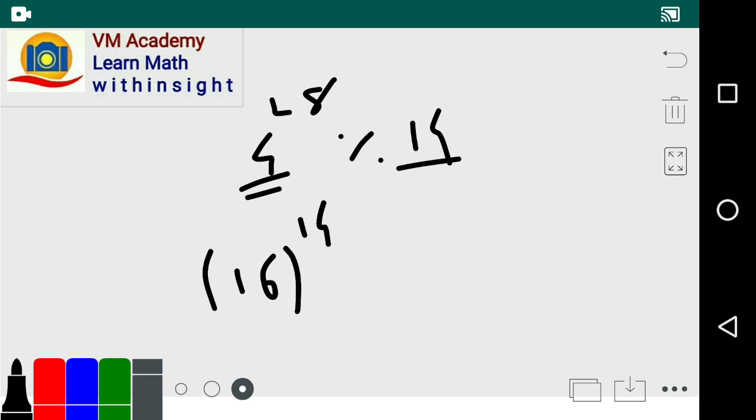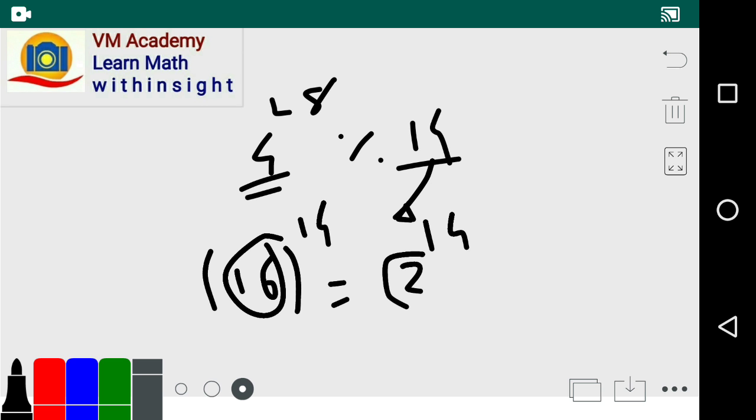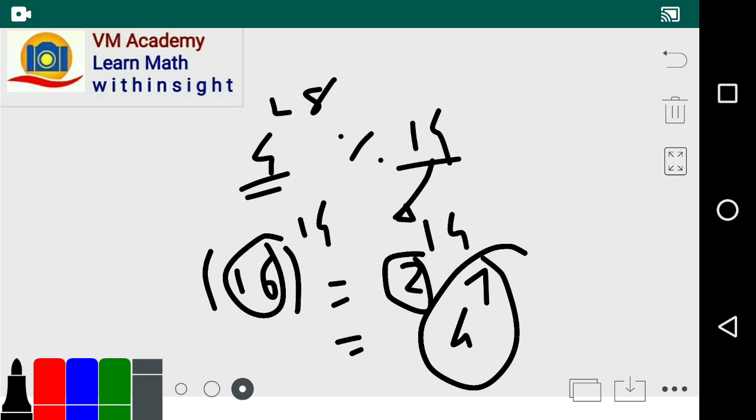Now 16 divided by 14 is nothing but 2 raised to 60, which can be replaced by 60 divided by 14. The remainder of 60 divided by 14 is 2. Now again 2 raised to 40 means 4 raised to 7. Four raised to 7 mod 14.